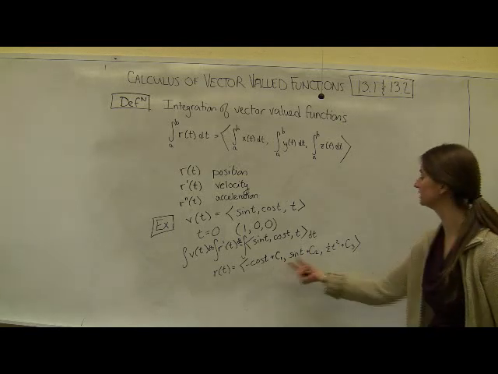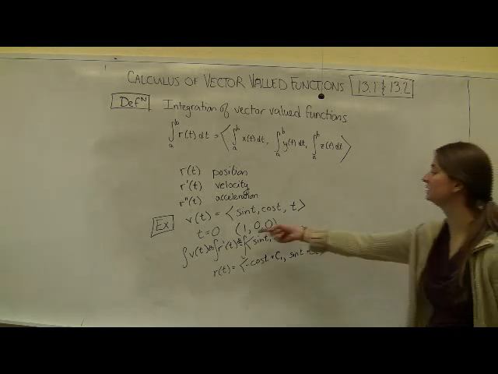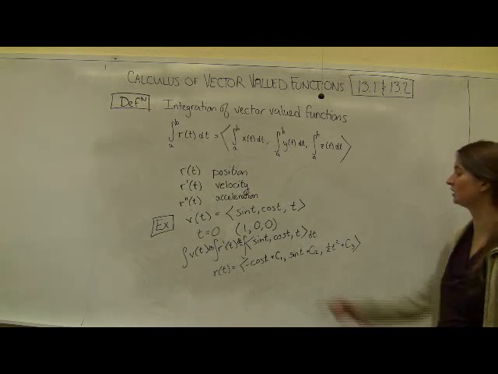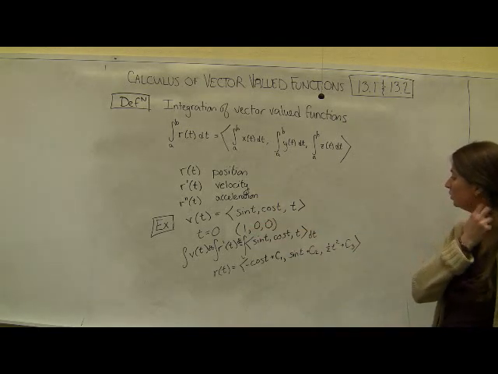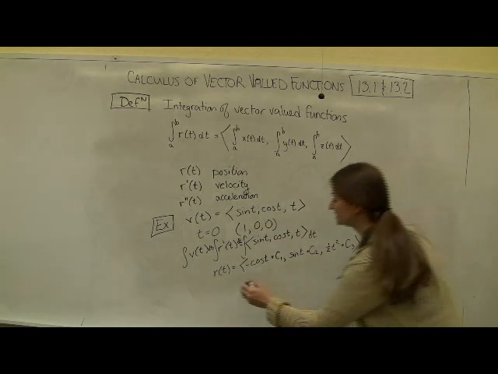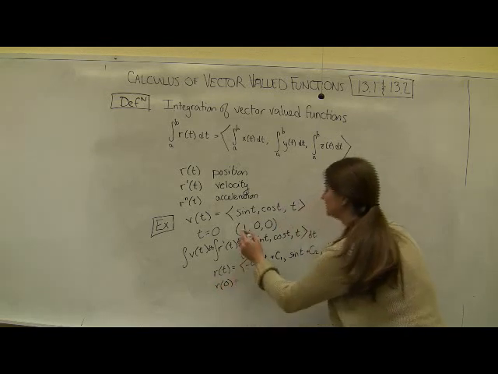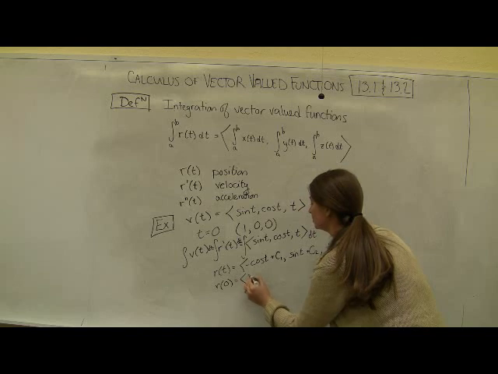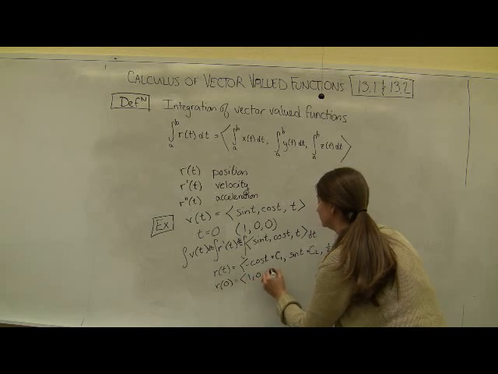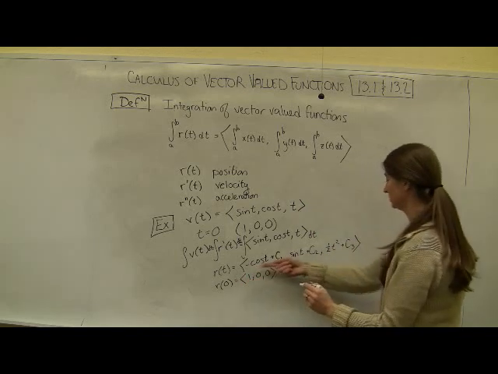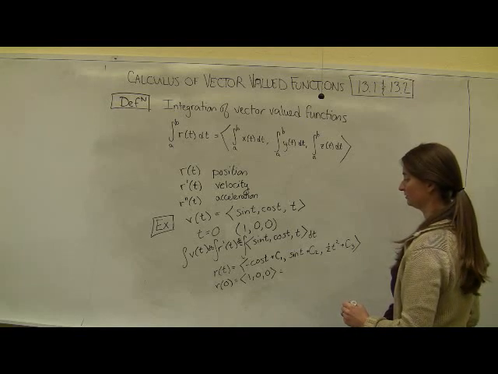So how do we figure out what these constants are? We need to use our initial position. So our initial position is this point, 1, 0, 0. And I'm going to say that means that r of 0 is the position vector 1, 0, 0, which is equal to this expression which we have above.